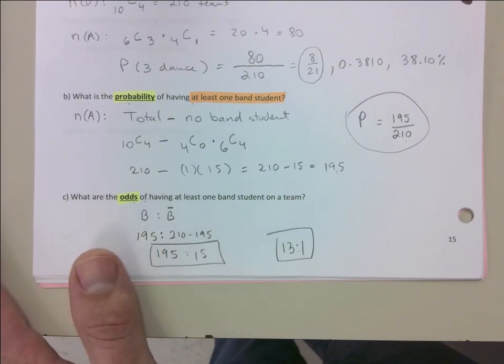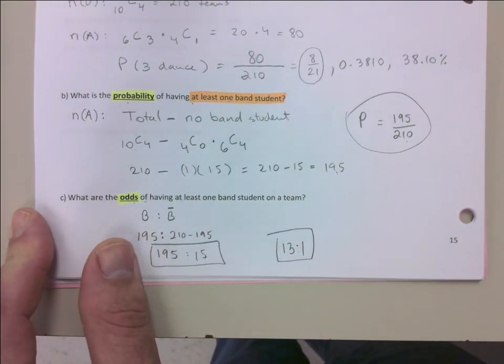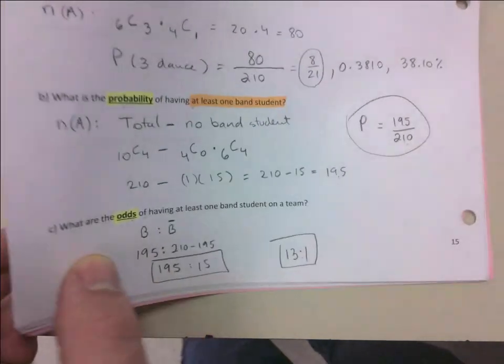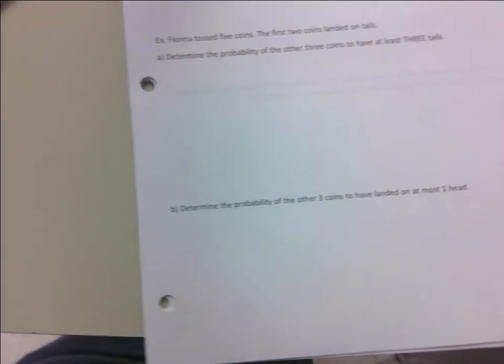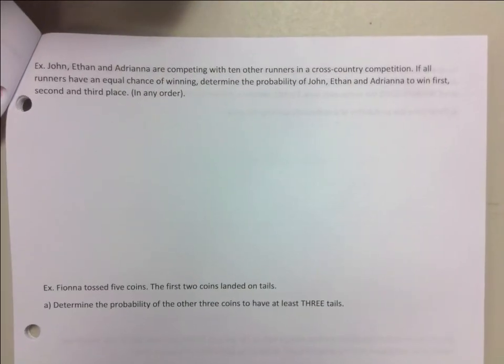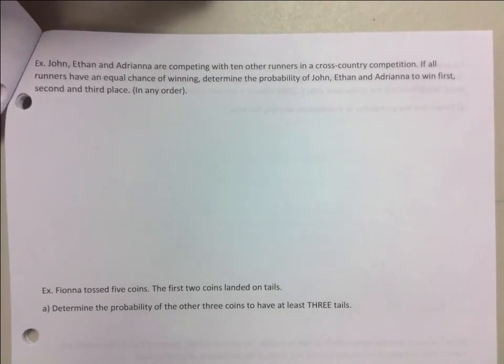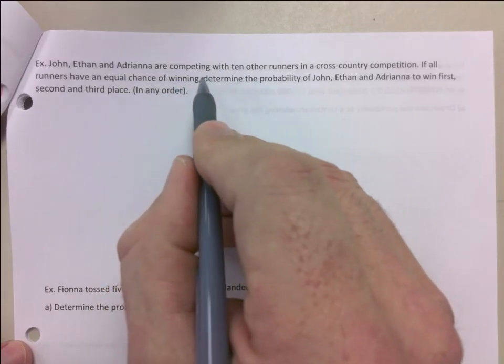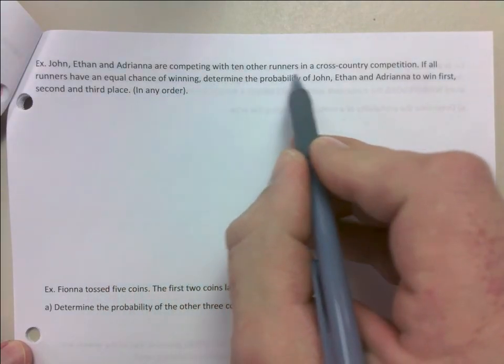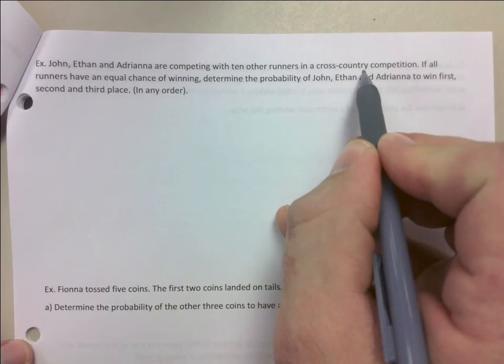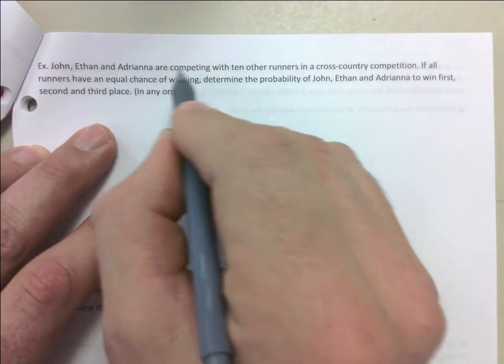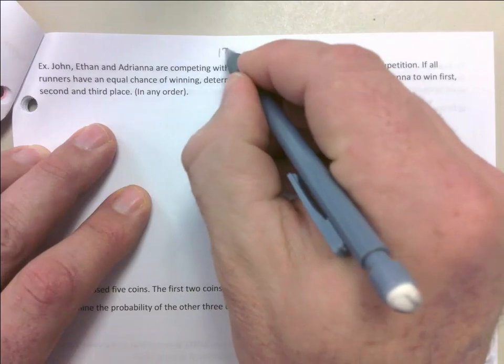And remember, if you're doing perms, you can always do a fundamental counting principle as well. John, Ethan, and Adriana are competing with 10 other runners in a cross-country competition. So these 3 and 10 others, so 13 total, right?